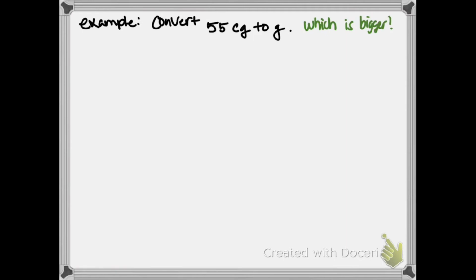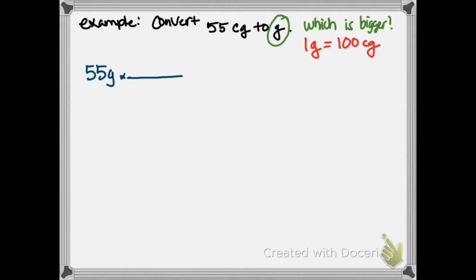So which is bigger? Right, the gram is bigger. Remember, centi is smaller than the base unit. So we can say 1 gram is 100 centigrams. You have to memorize that, but we always know the bigger one gets the 1. So gram is bigger than centigram. So we can do our conversion.